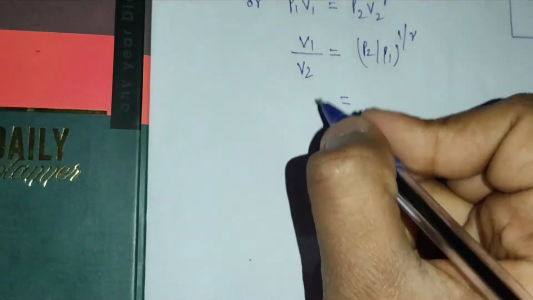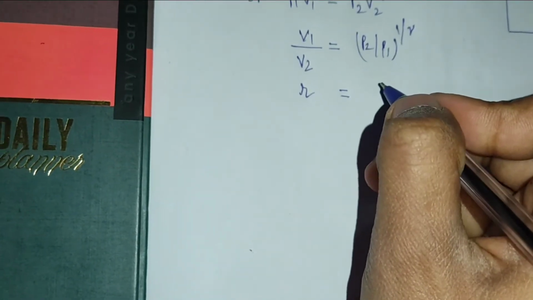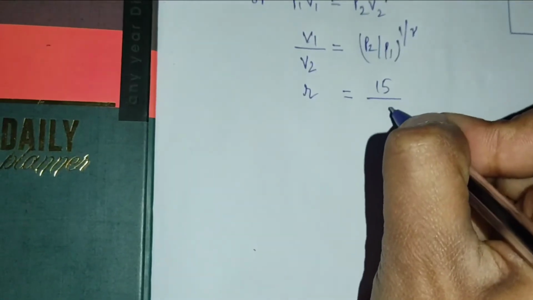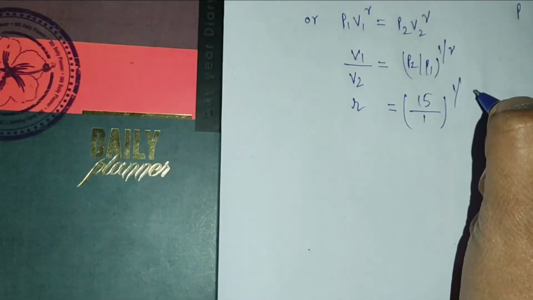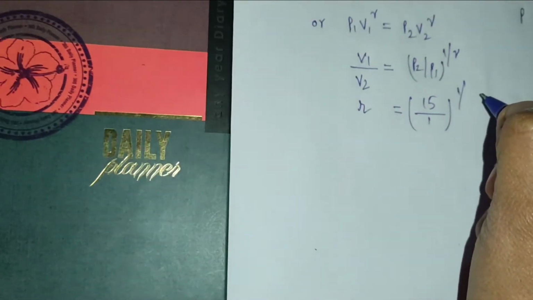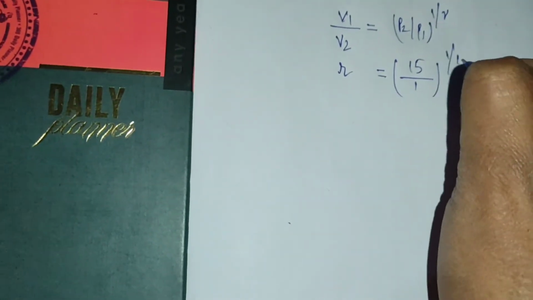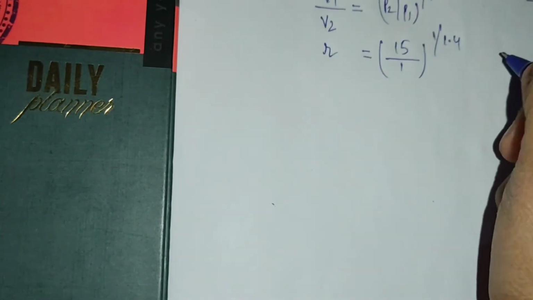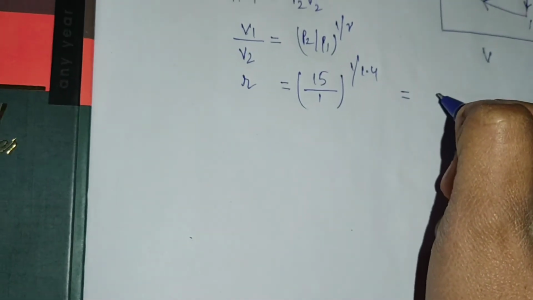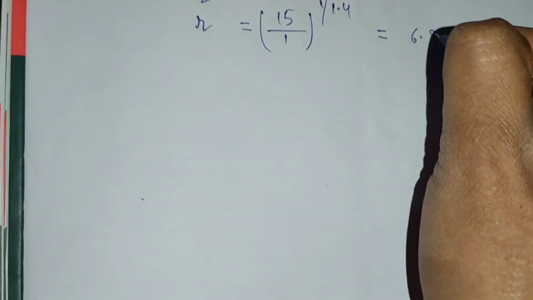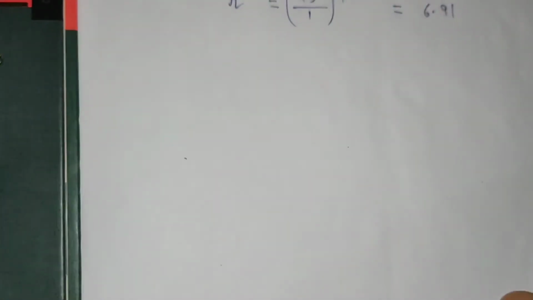Here V1 upon V2 is the compression ratio R. P2 is 15 bar and P1 is 1 bar, to the power 1 upon gamma. Gamma is 1.4. Okay, so when we calculate this value, R will be equal to 6.91. So this is the compression ratio of the cycle.